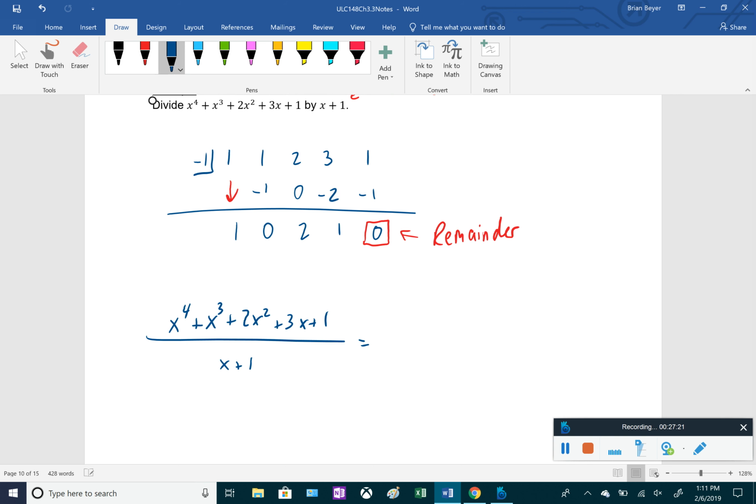So our quotient is going to be degree 3, 1 less than the dividend again. So it's going to be 1x cubed plus 0x squared, so I'm not going to write it, plus 2x plus 1. And that's going to be plus 0 over the divisor. So we do not have to write that, right? Anytime the remainder is 0, we don't need to write 0 over something, so I'm just going to erase it. And this is our answer.